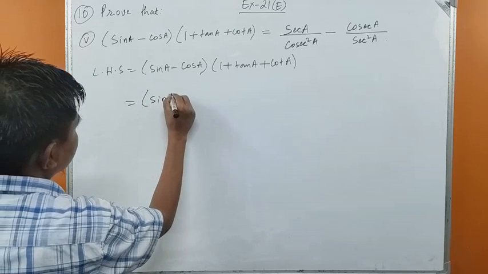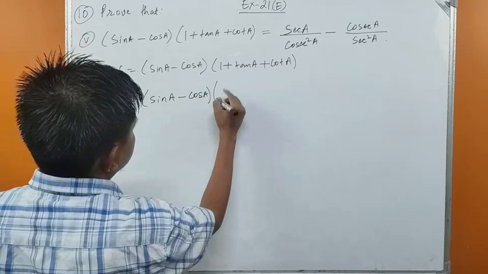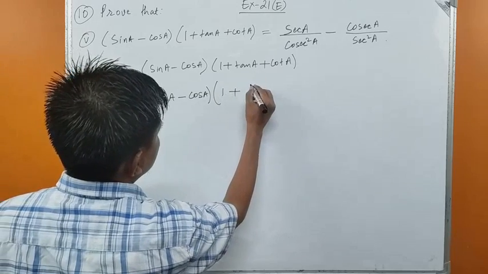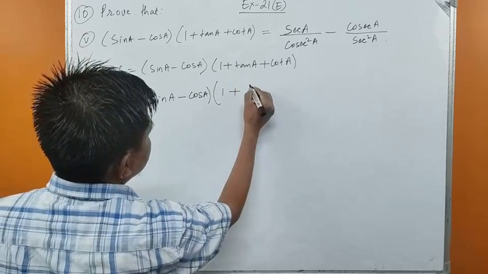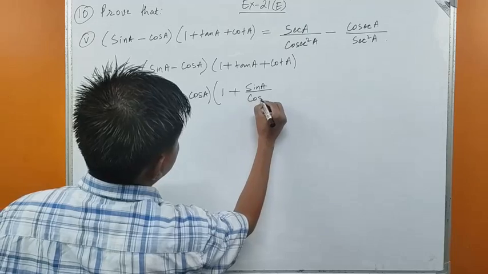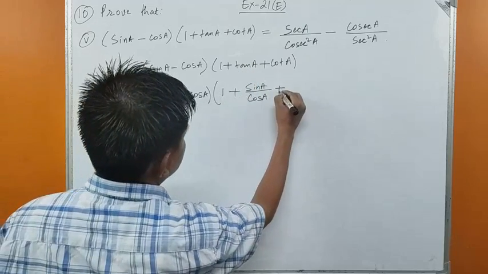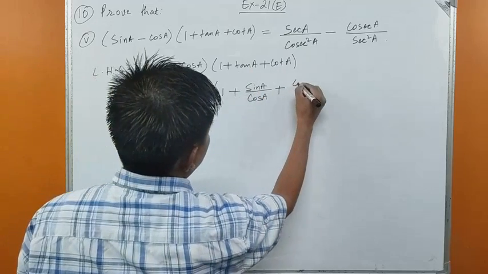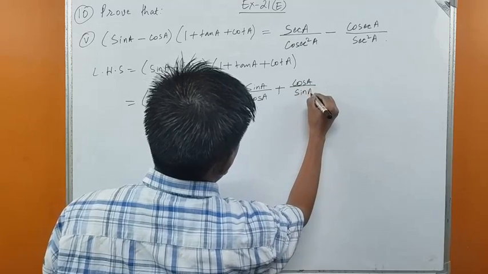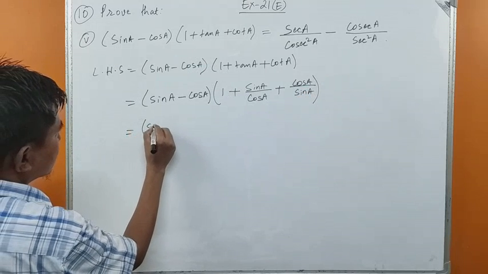Sin A minus cos A. So we have 1 here, 1 plus tan A. Let's change this into sin and cos form. Tan A means sin A by cos A, isn't it? Tan A means sin A by cos A, plus cot A means cos A by sin A. Okay, so this is sin A minus cos A.